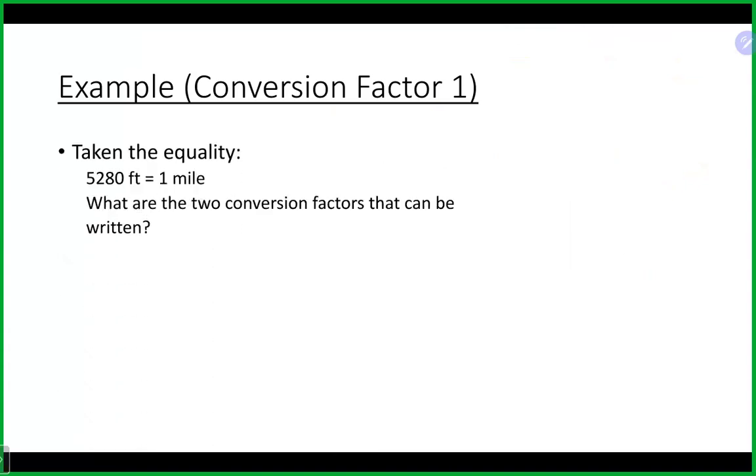So let's talk about writing conversion factors here. That's my equality, 5,280 feet in a mile, which, by the way, also comes up a lot in chemistry. That's going to give us two conversion factors, and we're just going to simply write two fractions. I could start with 5,280 feet on top and 1 mile on the bottom.